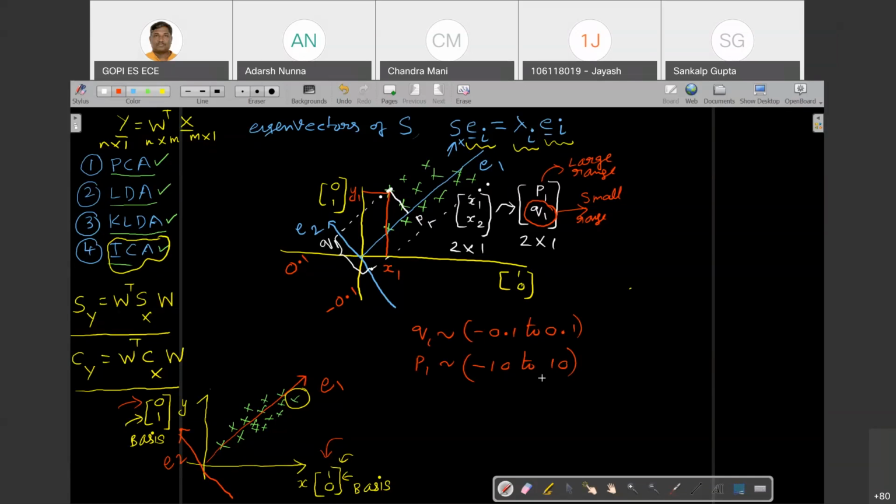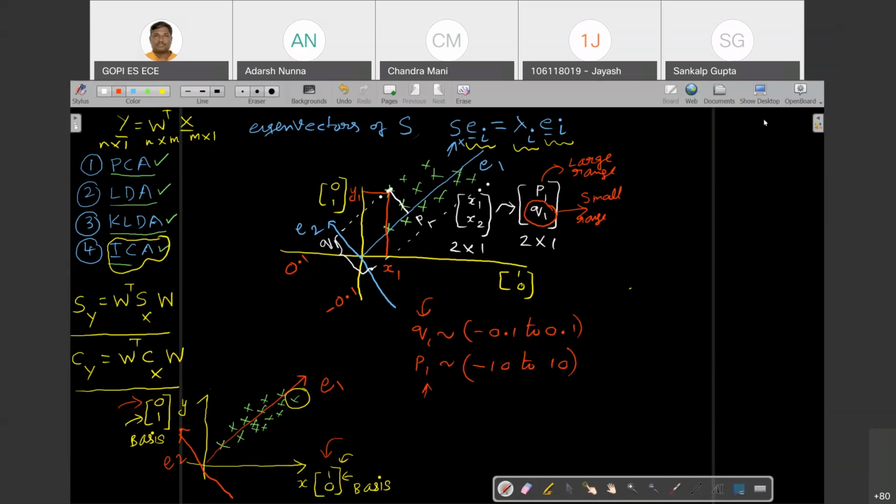So compared to Q1, the range of P1 is that large. In that case, even if you ignore Q1, it is not a big loss. It is a lossless transformation only, there is no doubt in it.